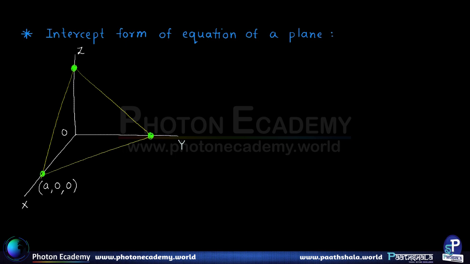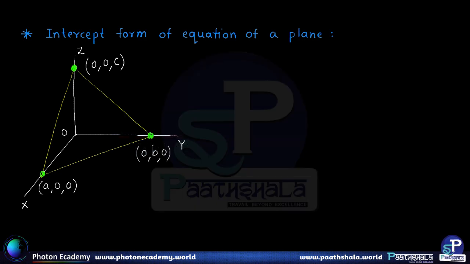Clearly its y and z coordinates will be 0 because the point lies on the x-axis. Similarly, let the other point on the y-axis be 0, b, 0, and the third point on the z-axis be 0, 0, c. So a, b and c are called the intercepts. We have obtained three different points through which the required plane must pass.